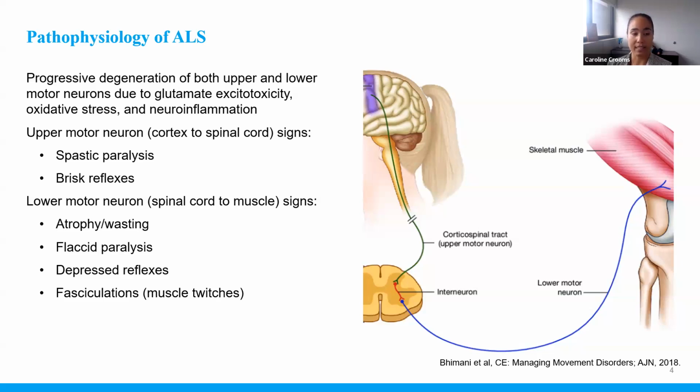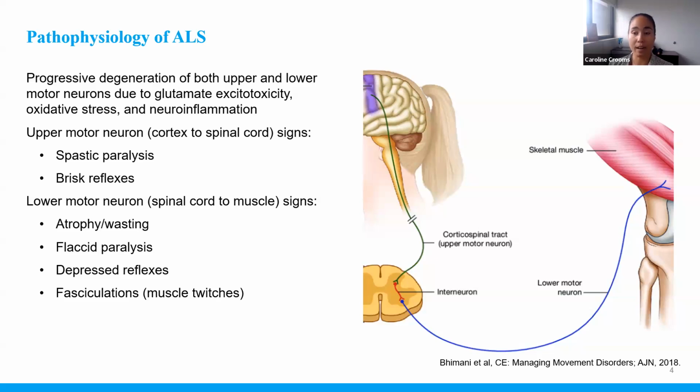Lower motor neuron signs in contrast, and again, we're talking about the spinal cord communicating with the muscle, would be more like atrophy or wasting. People will lose muscle bulk, particularly in their hands, but it can happen anywhere.